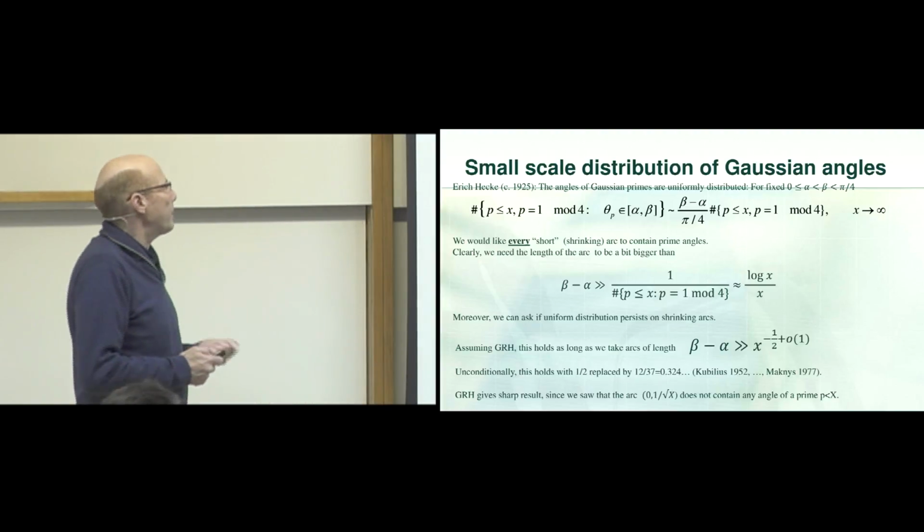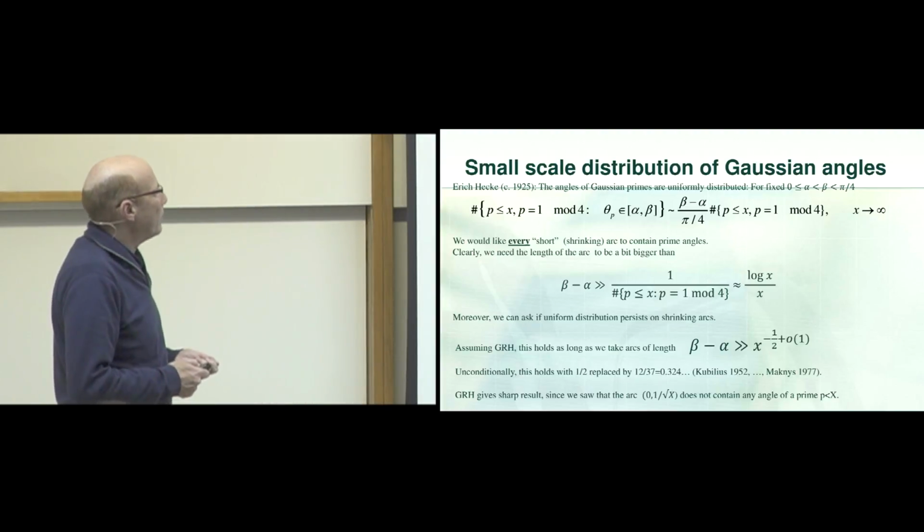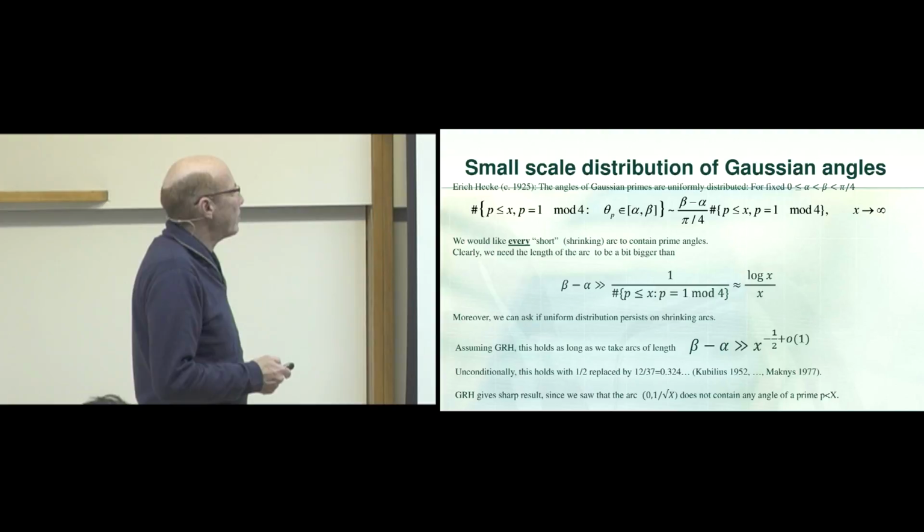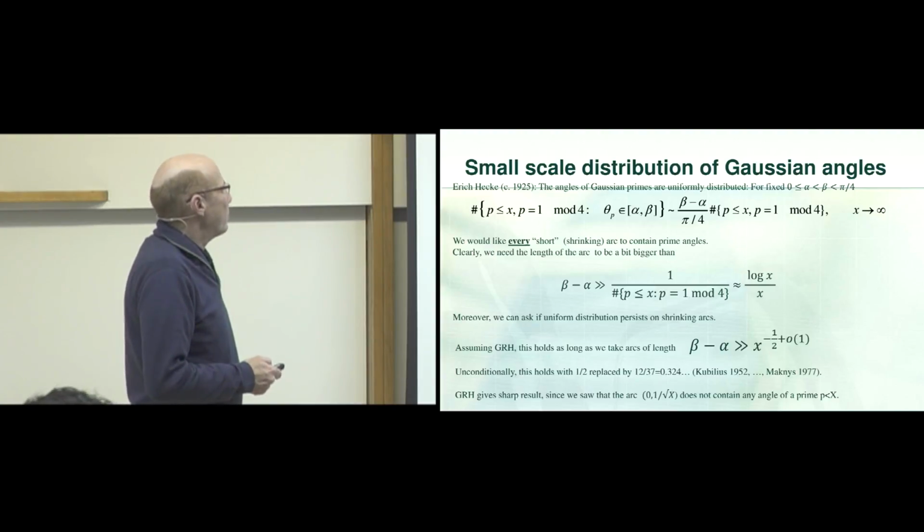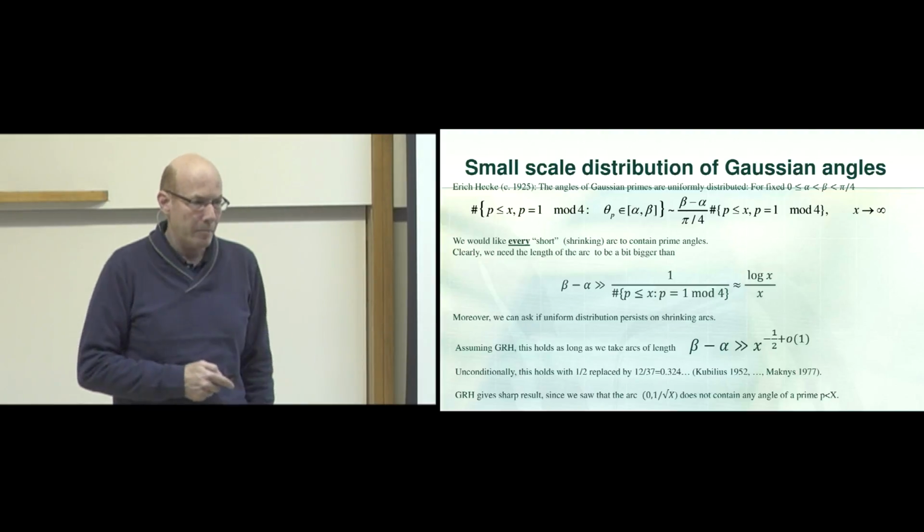I remind you that Hecke showed that the angles of Gaussian primes are uniformly distributed. That is, if you take any fixed segment between 0 and pi over 4, the proportion of angles which fall in that segment is the proportional length of the segment.